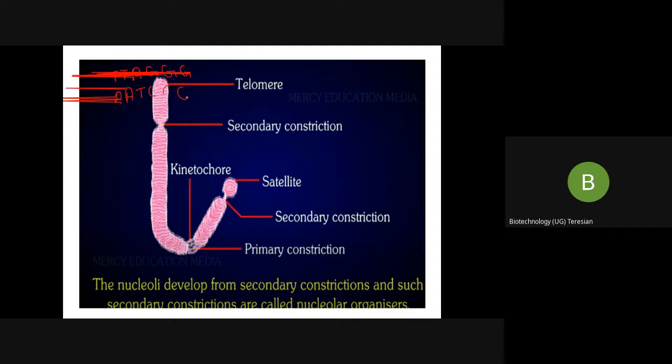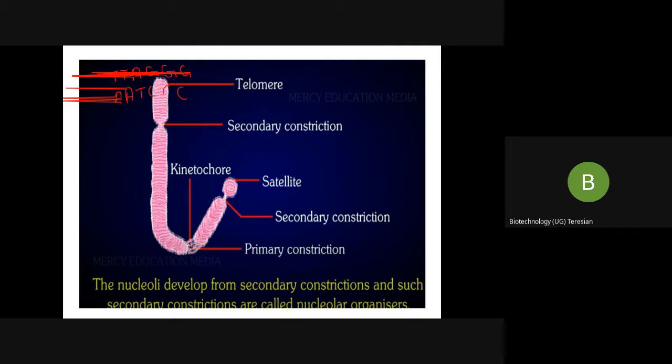They prevent the end of the chromosome from fusing with each other. So if there are two chromosomes, they can fuse with each other, but because of telomeres they don't fuse. And also the nucleus develops secondary constructions, you can see here. So what you're seeing is the kinetochore, that means it is a centromere here.